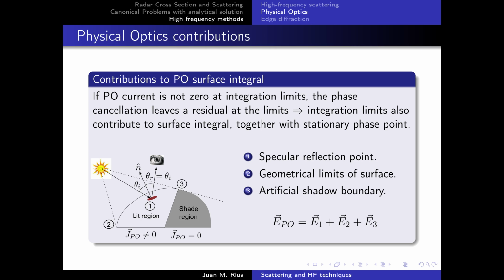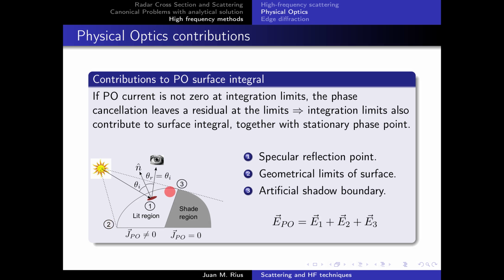In planar surfaces we may not have the specular reflection point, and the only contribution is from the geometrical limits of the surface. So we have the specular reflection point that exists only in curved surfaces, and in planar surfaces either the specular reflection point doesn't exist or the specular reflection point is the whole surface in the case of perpendicular incidence. And then the contribution of the limits.